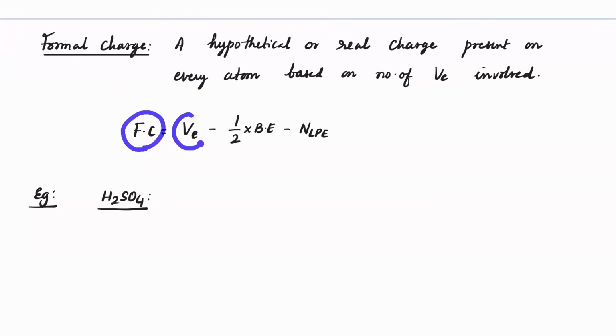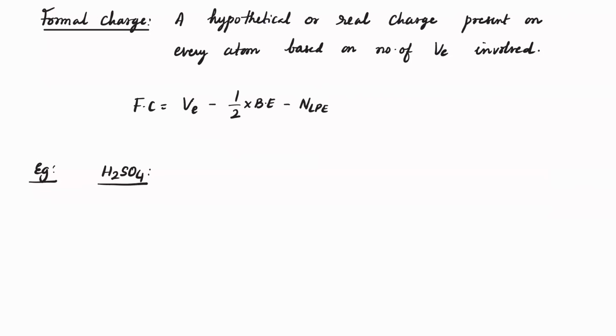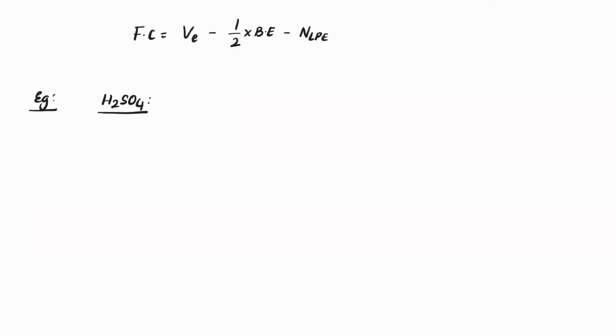Formal charge is equal to valence electrons minus half of bonded electrons minus number of lone pair electrons. This is how you would identify it. So please check. When it comes to H2SO4 here, I need to first make a simple skeleton for that. So I'll solve it thoroughly.